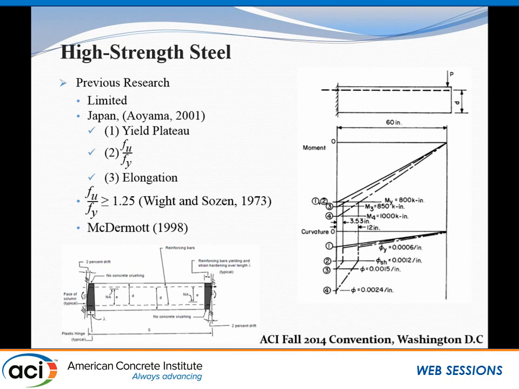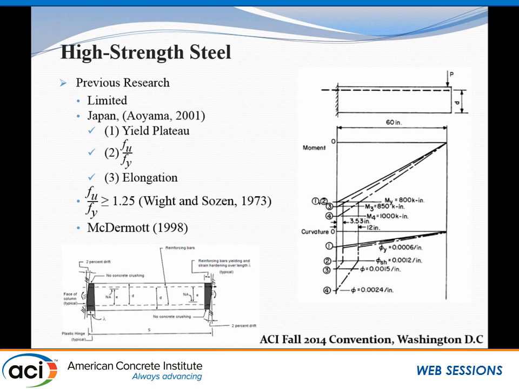That is SD685 high-strength steel. In the United States, I think an Fu to Fy ratio greater than 1.25 is probably the only requirement for the flexural reinforcement. And this ratio is actually based primarily on Professor White and Professor Sozen's work from 40 years ago. It's quite amazing that 40 years ago they already found this.